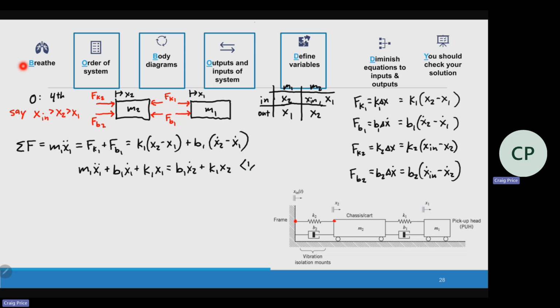That is our first equation. And I could create a transfer function from that. I'm going to leave it as is for now, but we can create a transfer function.